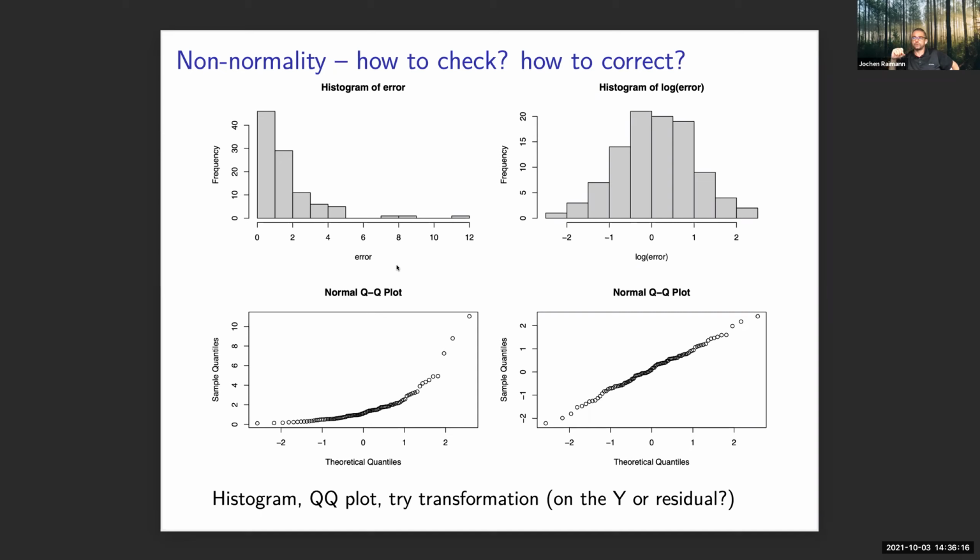So, non-normality: how to check, how to correct. Here, the histogram of errors shows the extreme outliers, and the QQ plot shows the actual quantiles from the sample as a function of theoretical quantiles.